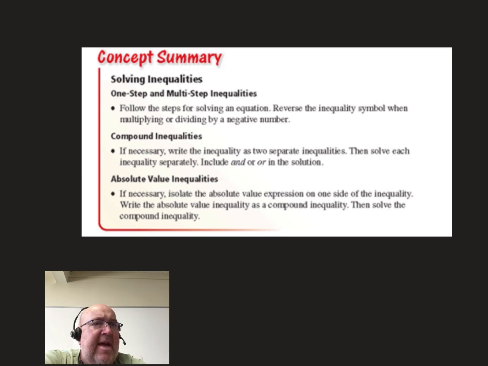Then you can add your AND or OR, whichever it is. I didn't add AND. I just rewrote it so that it said AND by having the x in the middle. Absolute value inequalities: isolate the absolute value expression on one side, then write the inequality as a compound inequality and solve that compound inequality.